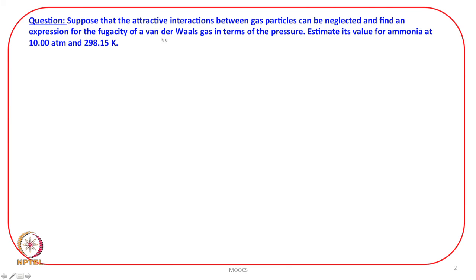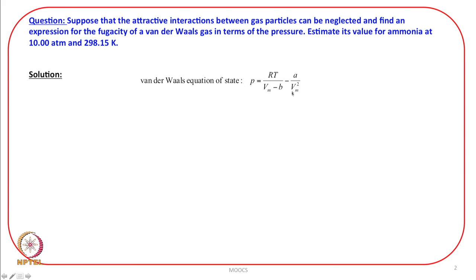Since we are also given the information that the gas obeys the van der Waals equation, which is P = RT/(Vm - b) - a/Vm², that is the van der Waals equation of state, where a includes information on attractive interactions and b includes information on repulsive interactions.